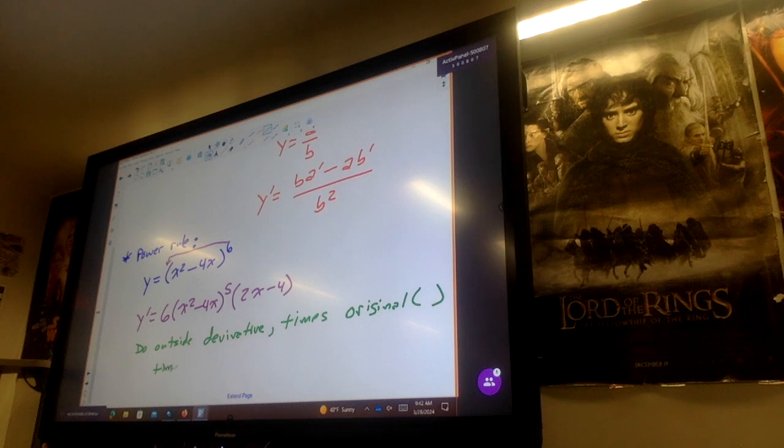Times derivative inside parentheses. That's basically the power rule, so that if things take place, we can go ahead and do it.